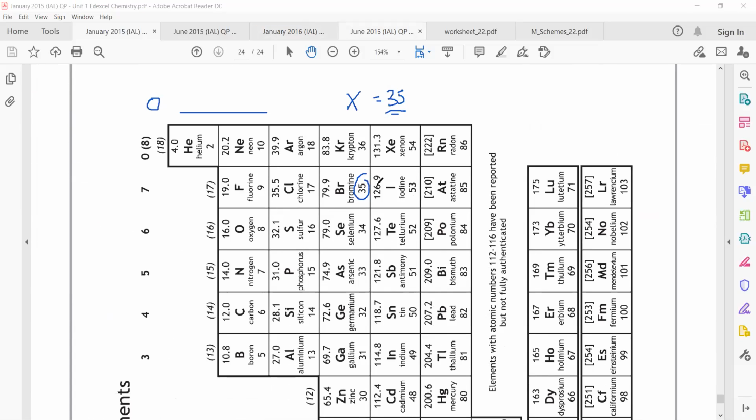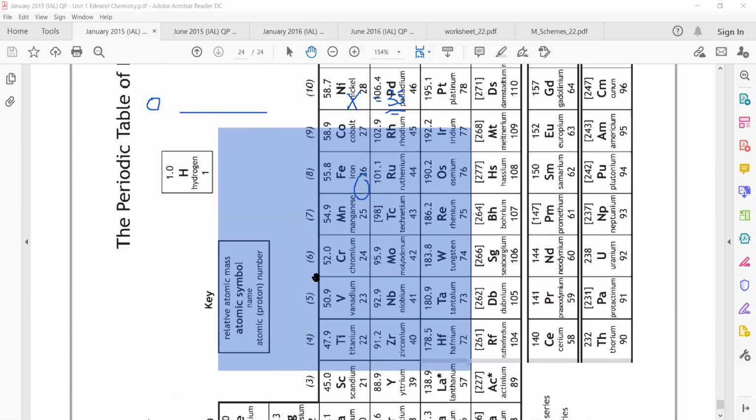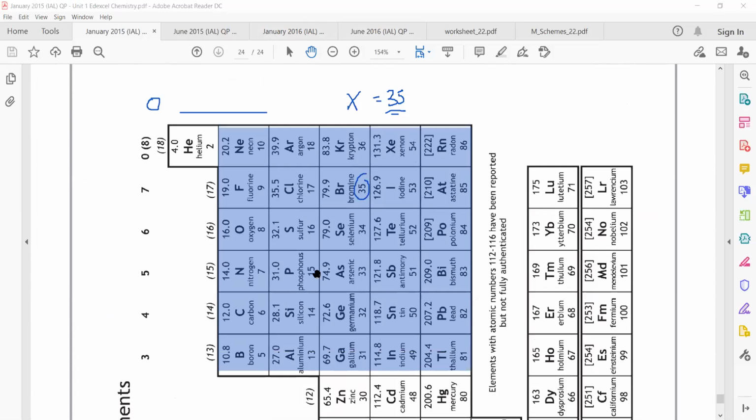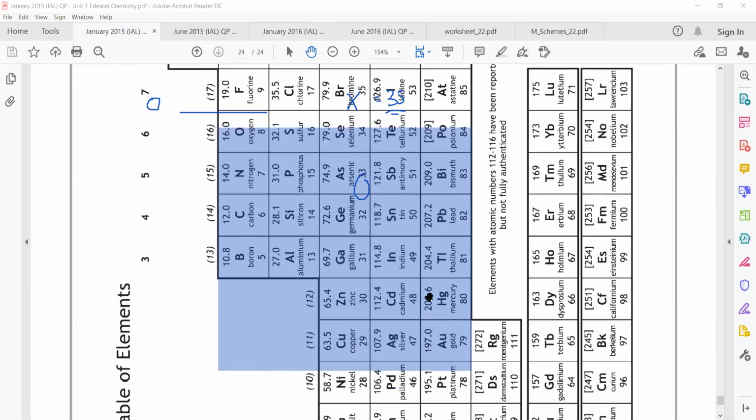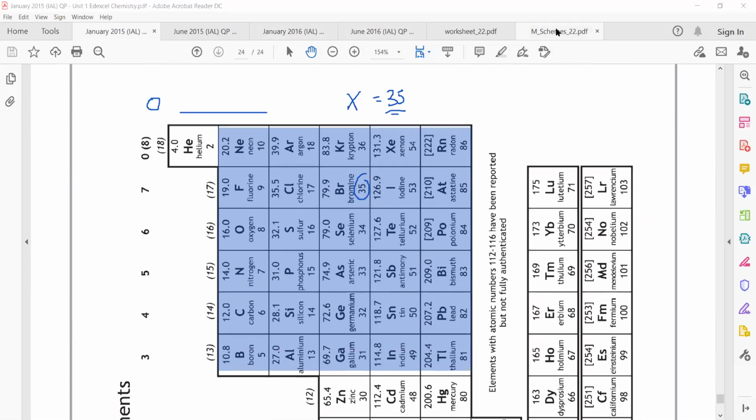And what is the block of bromine? It is known as a p block element. Why do we call it a p block element? Because this whole region is the p block. The first two, groups 1 and 2, are s block; groups 3, 4, 5, 6, 7, and 8 are p block. In between them is the d block, and the lower ones are f block elements.